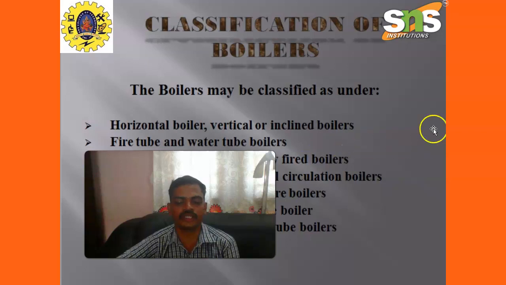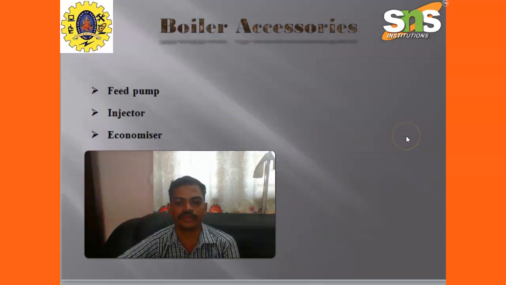These are the classifications of boilers. The boiler accessories: feed pump, injector, economizer, air preheater, superheater, steam separator. These are the boiler accessories.